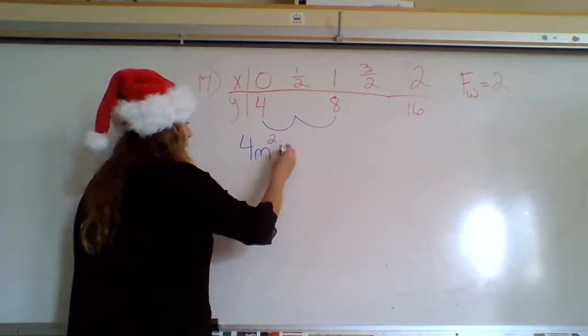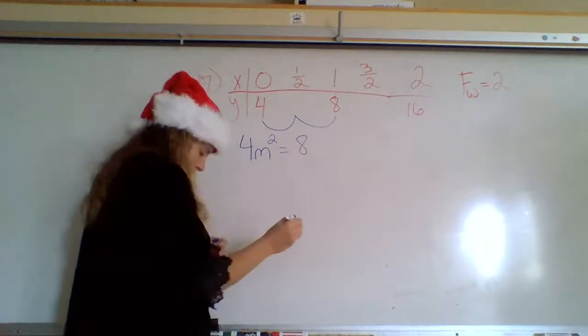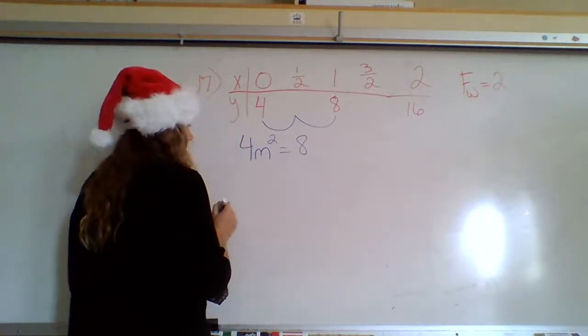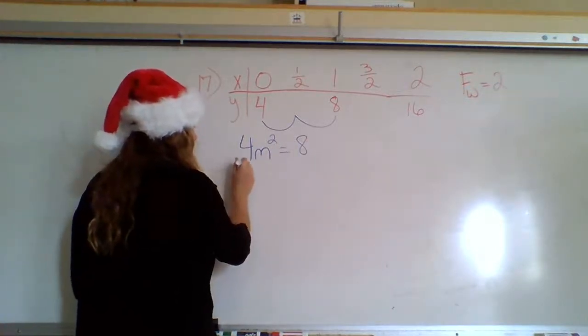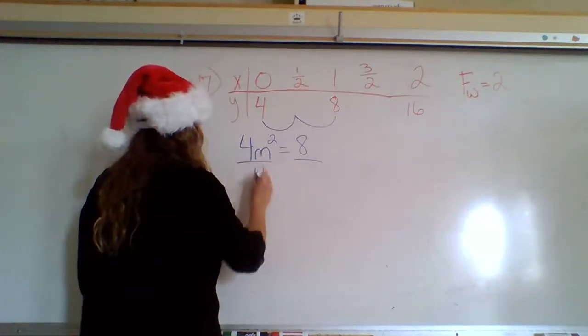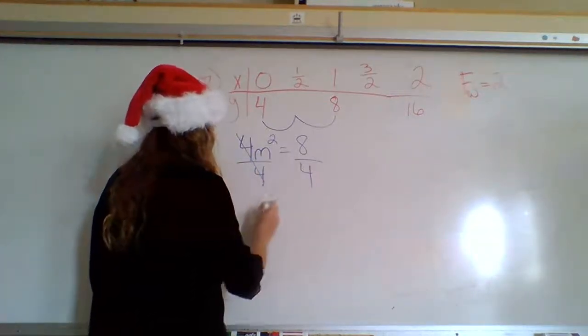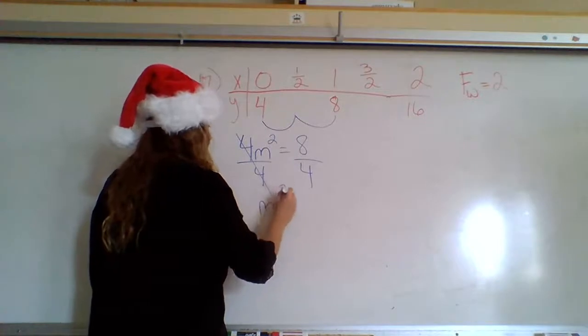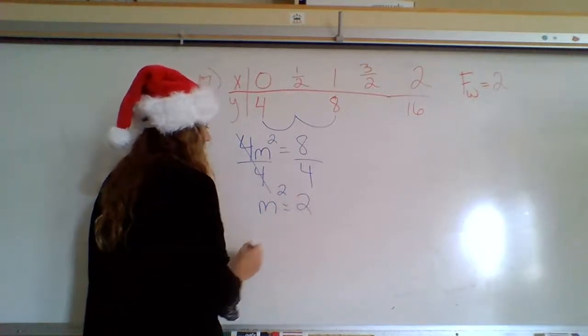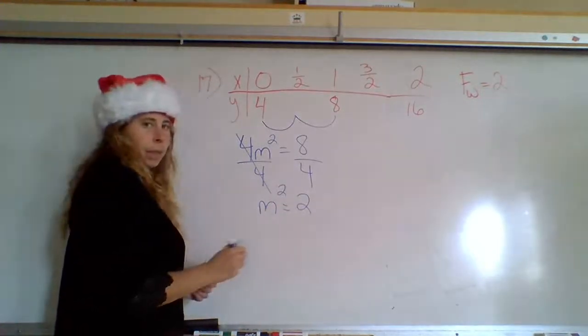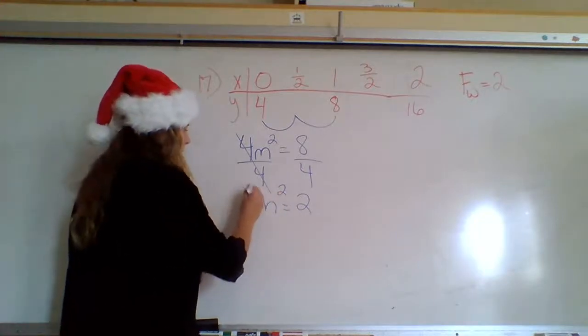And that should be equal to 8. Go ahead and solve for m. Divide both sides by 4. M squared is equal to 2. But then you have to take the square root of both sides.